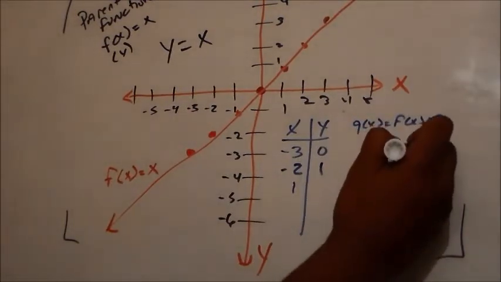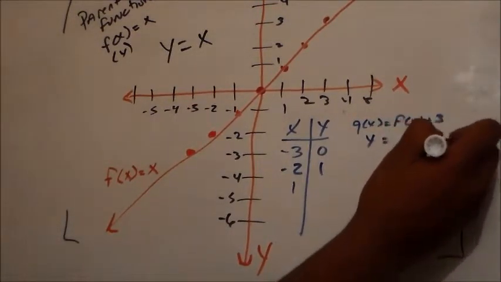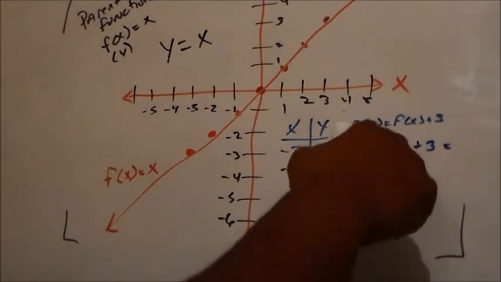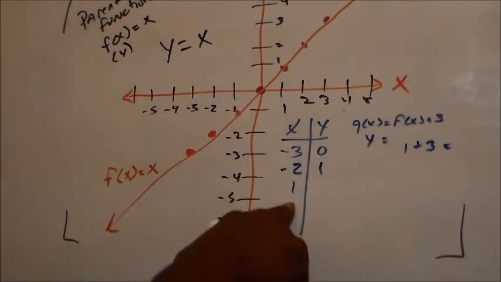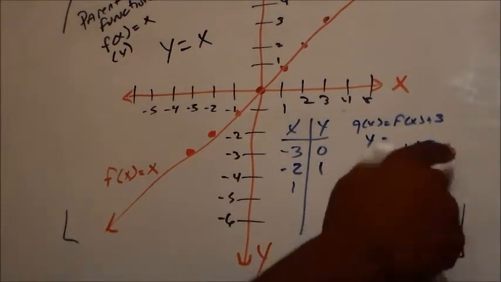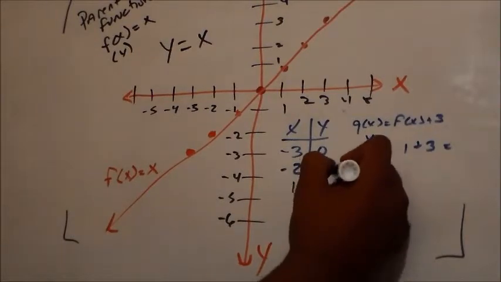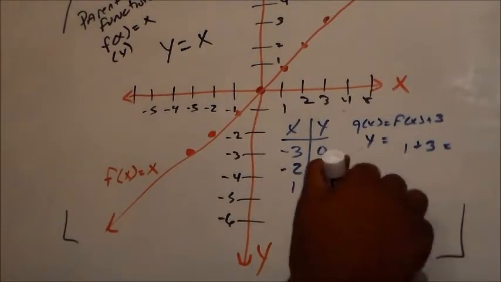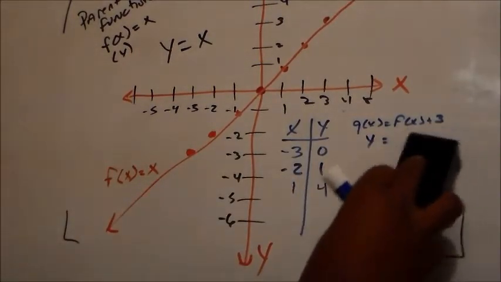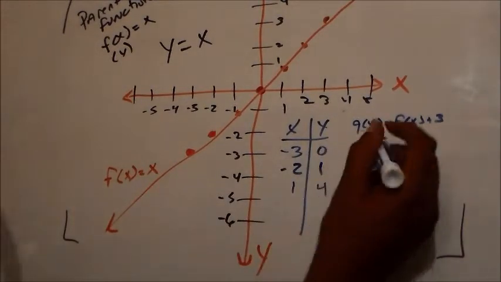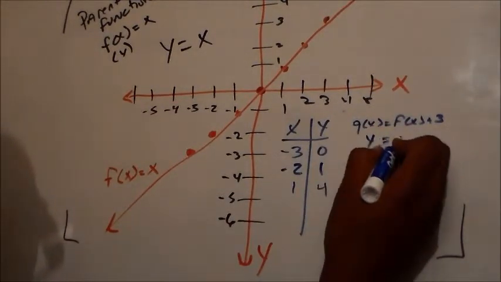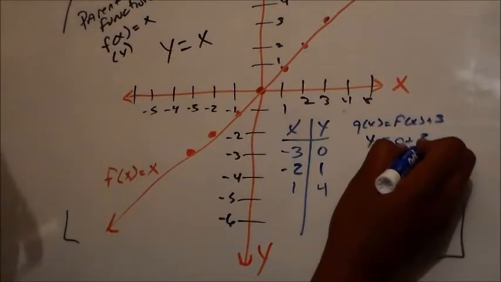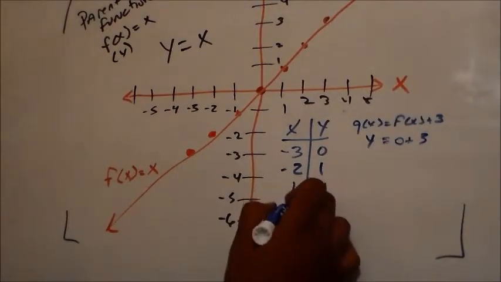If we plug in 1, the 1 is the x value, and we're going to get 4 this time. We put in 0, y equals 0 plus 3, we're going to get 3.